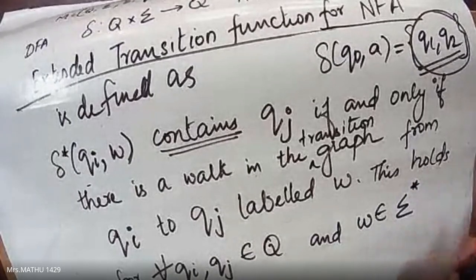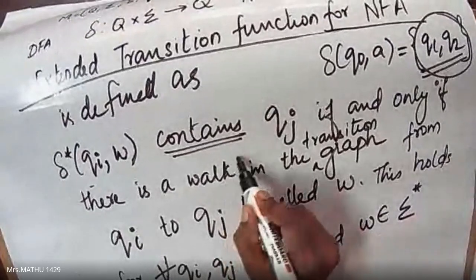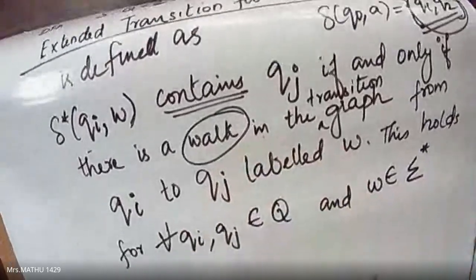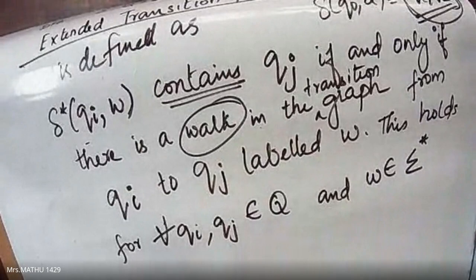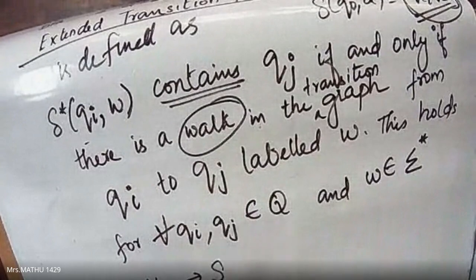Let me explain. Don't worry if you don't understand anything; let us see one by one. So what is a walk? A walk is a sequence of edges.